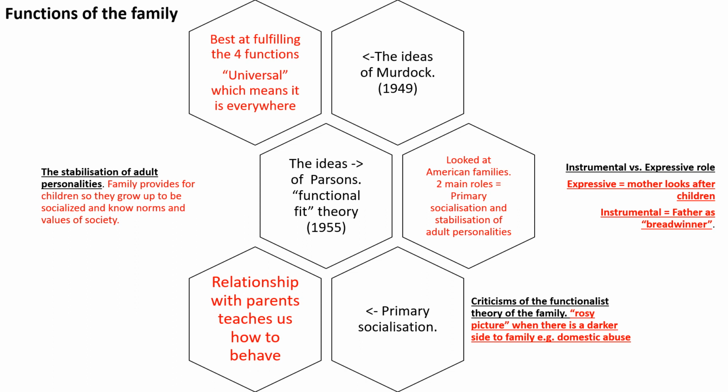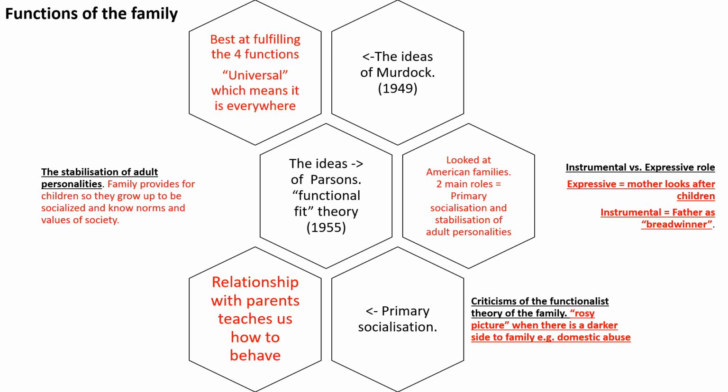Parsons, in 1959, focused on the American family and argued that the family has 2 important functions that cannot be performed by other institutions. 1. Primary socialisation. So Parsons believed that families are vital in passing on the norms and values of society. Families are responsible for teaching children the rules, patterns of behaviour and belief systems that make involvement in social life possible.